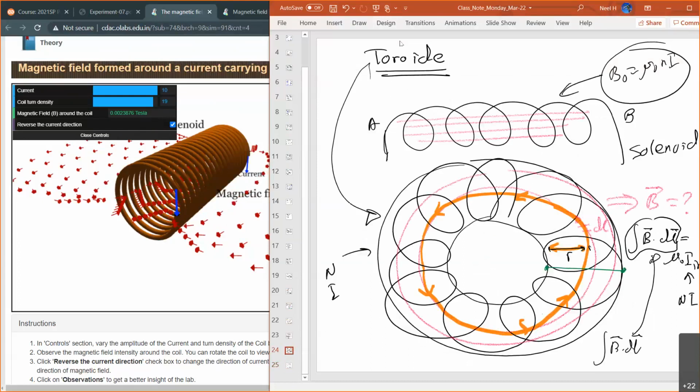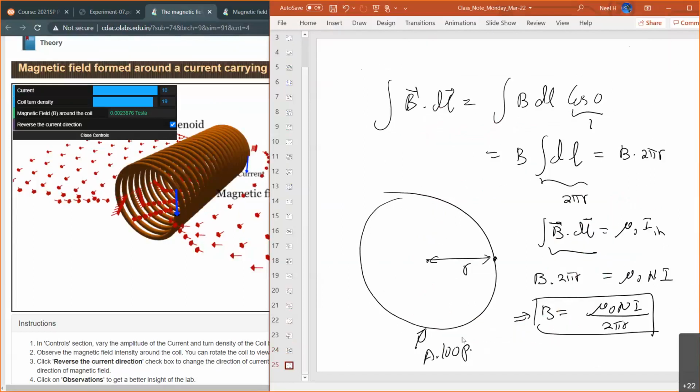Magnetic field changes from inner to outer. So if I go closer to the inner radius, then I have a stronger magnetic field. If I go to the outer radius, then I have a weaker magnetic field because R is actually changing there, okay? This R plays a role there. That's not included in our solenoid equation, okay? So that's the idea. Any question?